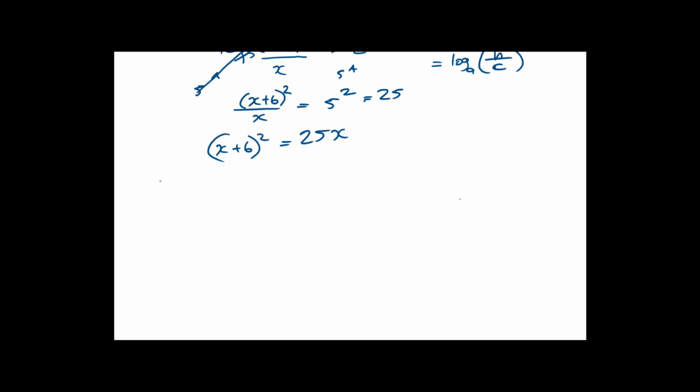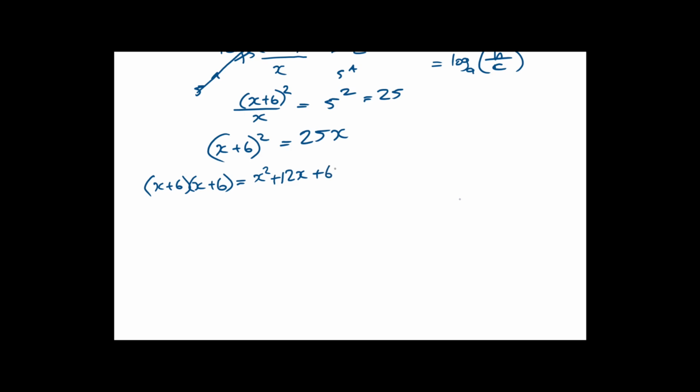Oh, let's expand out this bracket so it's in quadratic form. So x plus 6, x plus 6, if you remember when you multiply things out, it's going to be x squared plus 2 times 6, which is 12x.